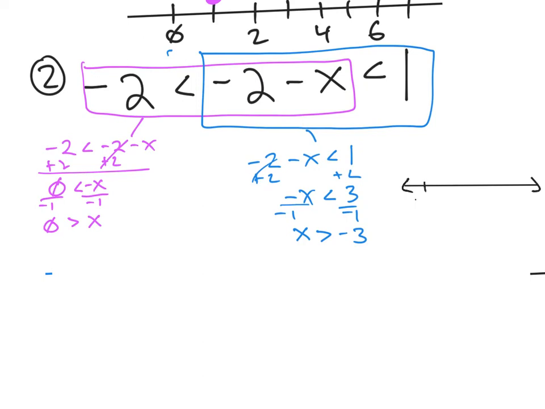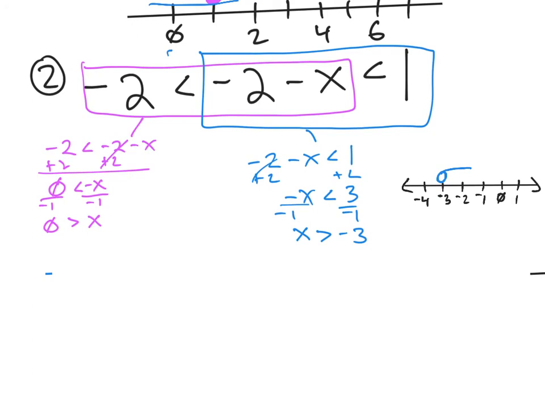So we'll have -4, -3, -2, -1, 0, and 1. So at -3, we are an open circle here, and it's going to the right.